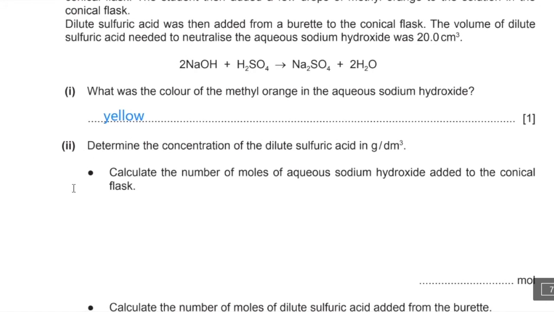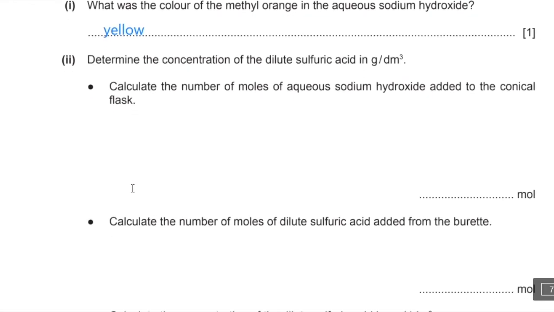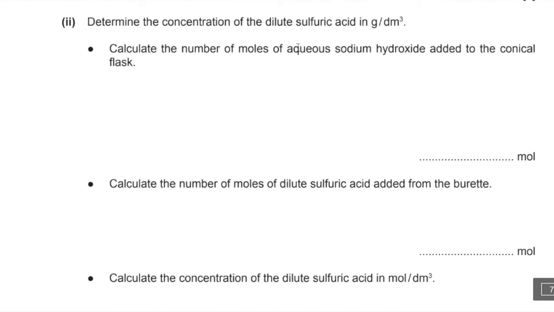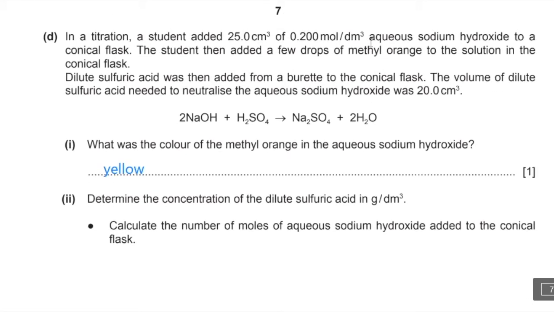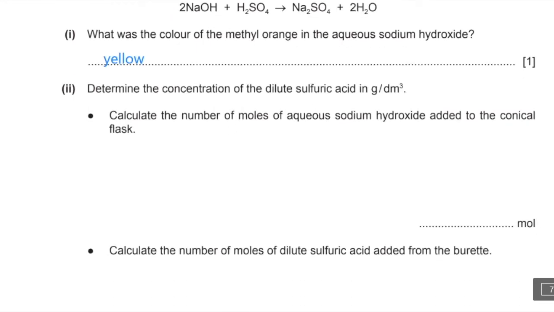2. Determine the concentration of dilute sulfuric acid in gram per dm cube. So you're supposed to be following these steps. To do that, calculate the number of moles of aqueous sodium hydroxide added to the conical flask. Alright, so looking back at the data given over here, you have the concentration as well as the volume of sodium hydroxide, using which you can calculate the number of moles. Using the formula concentration into volume, you get the moles.